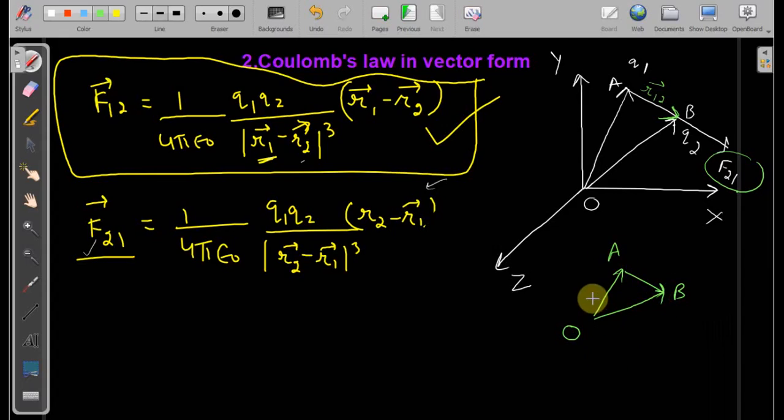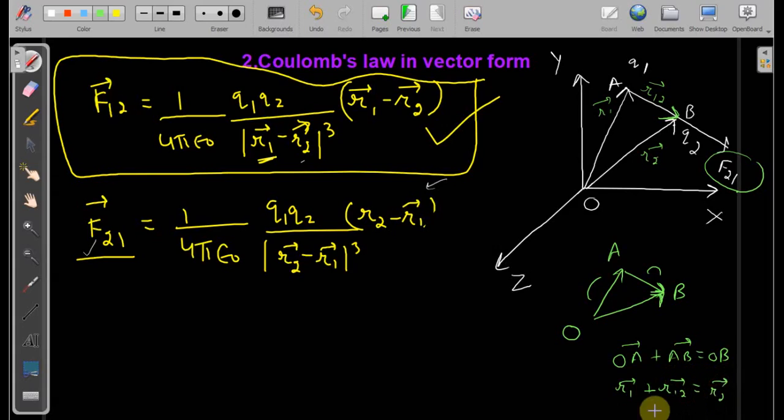Now this one and this one are in the same cyclic order, and this one is in the opposite direction, so you can write OA plus AB is equal to OB. What is OA? OA is your R1, AB is your R12, and OB is your R2.